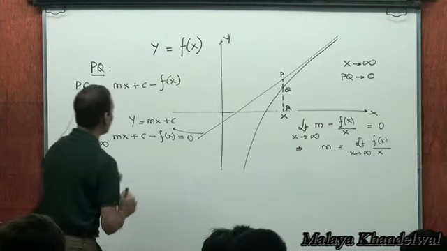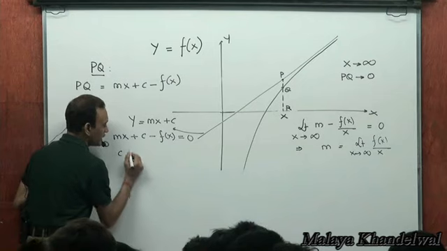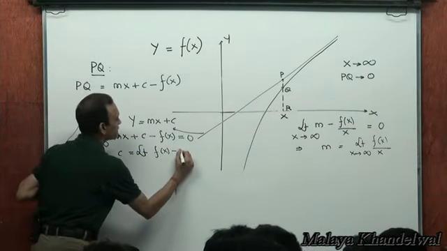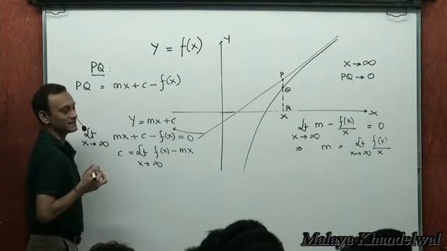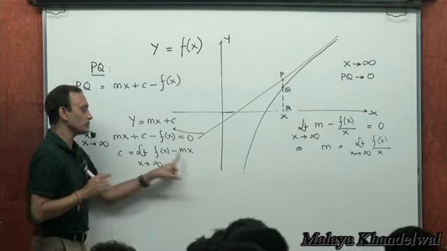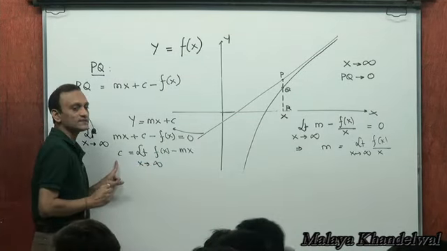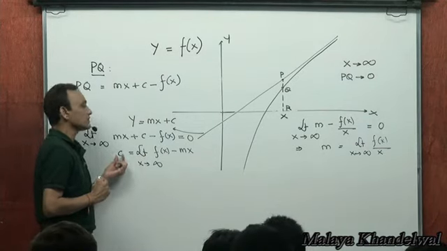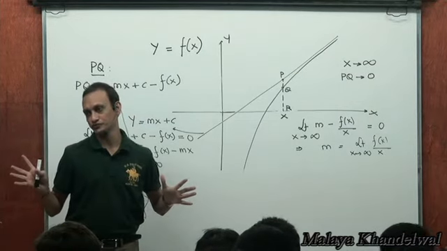Now, what about c then? Once you have found m, go back to this equation. Then c can be found from this limit. c would be the limit of f(x) minus mx as x tends to infinity. That will be c. You plug in m from that limit and obtain this limit, and if c is finite and exists, then y equal to mx plus c would be an inclined asymptote to the curve.